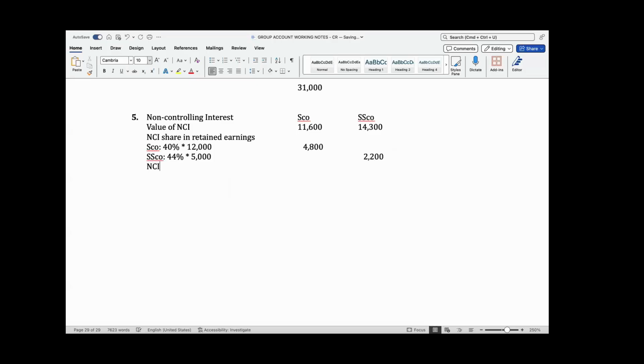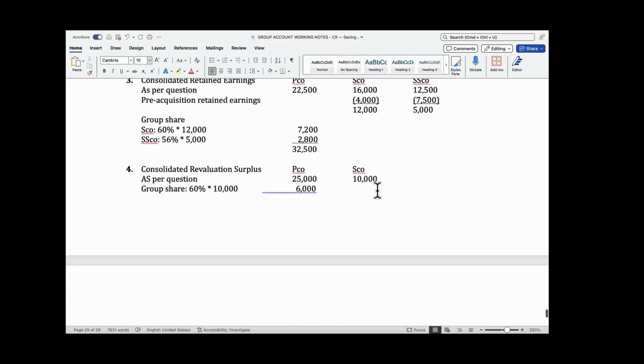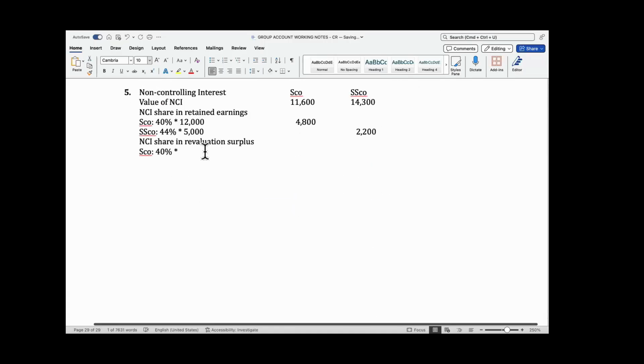Then NCI share in revaluation surplus, as in ESCO, which is 40% times 10,000. 4,000 naira.